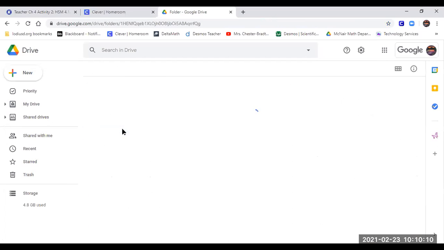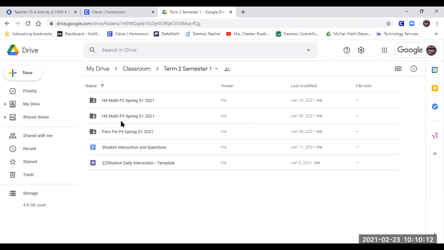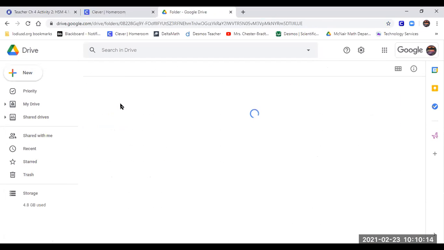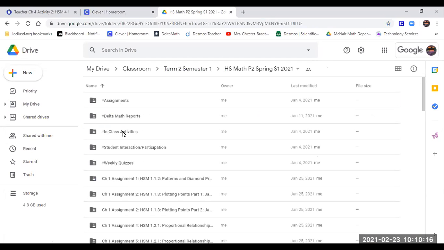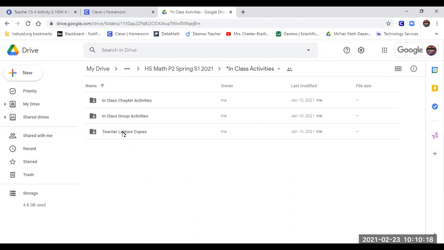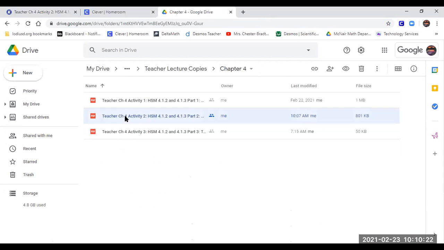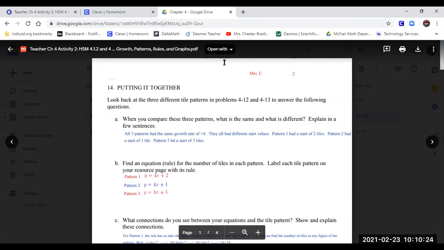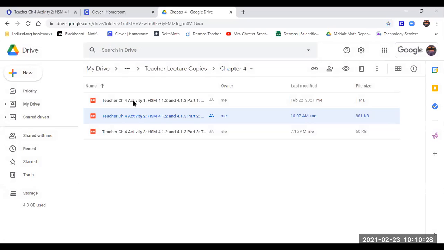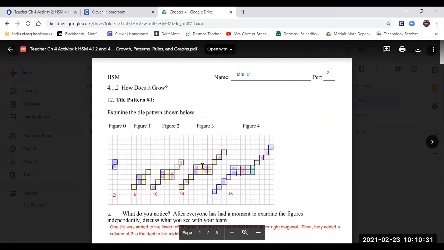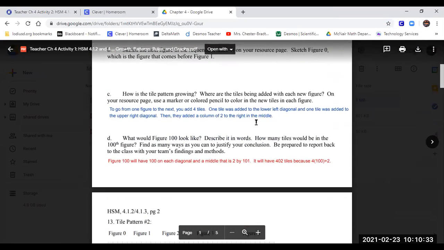Silly me. I thought I was done with it. Let's pick the right one. Okay, so let me go get to the right one. Let's go get to pattern 3 so we can see it.